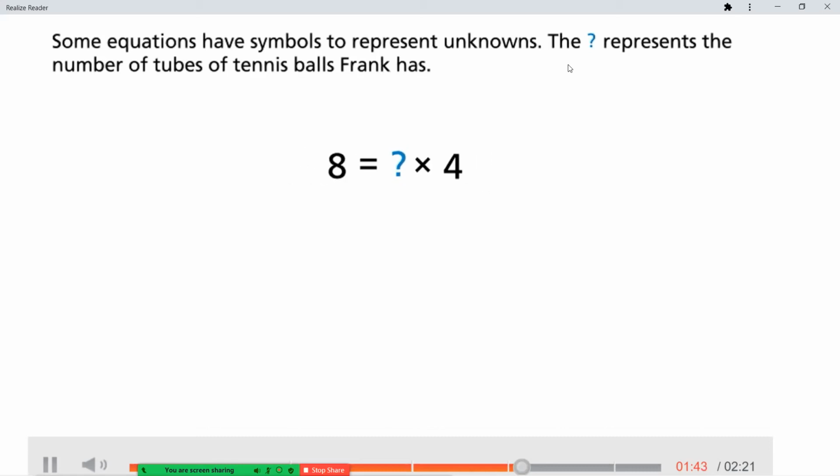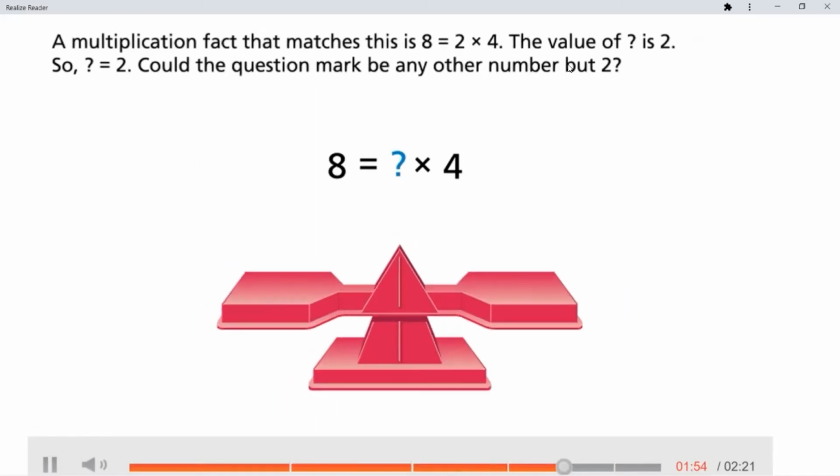Some equations have symbols to represent unknowns. The question mark represents the number of tubes of tennis balls Frank has. A multiplication fact that matches this is 8 equals 2 times 4. The value of the question mark is 2. So the question mark equals 2.